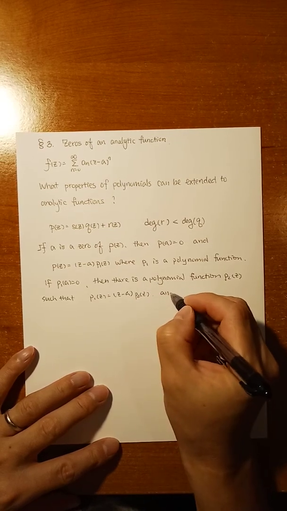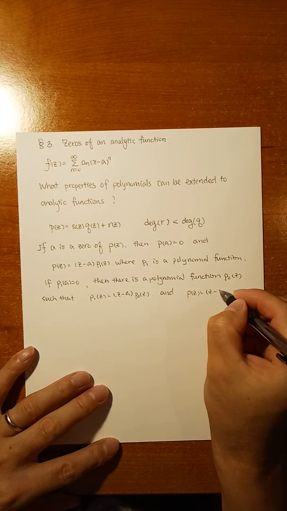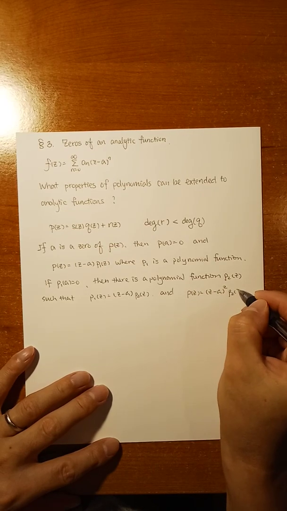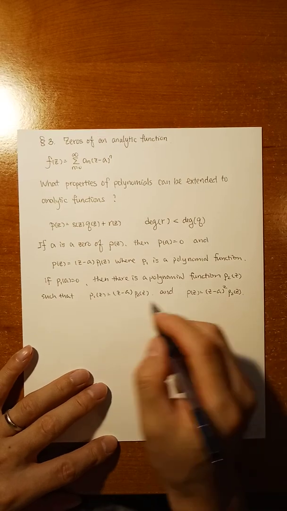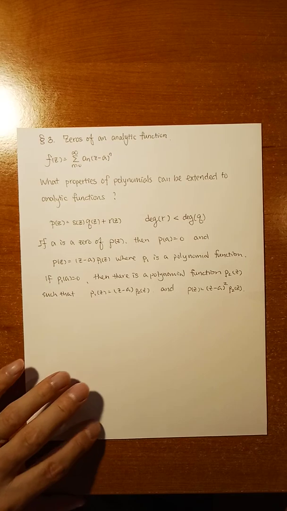And if you do substitution, you will have P of Z equal to Z minus A squared times P2 of Z. Of course, we can repeat this process as far as possible.